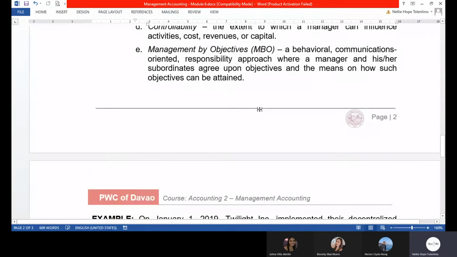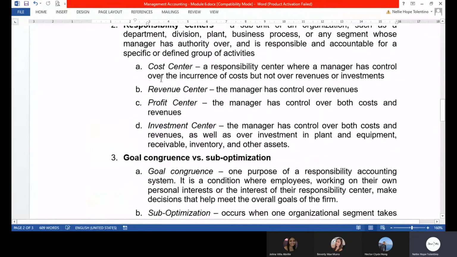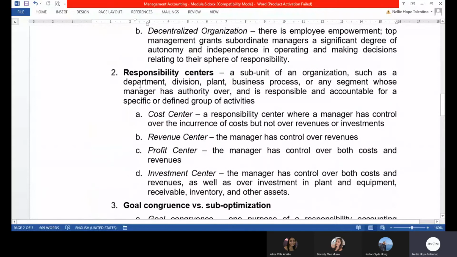So, let's have an example dito sa responsibility centers, itong apat na to. Again, there are 4 responsibility centers: cost center, revenue center, profit, and investment. Kapag cost, gastos lang yung may control ang manager. Kapag revenue naman, may control over sales, over revenues.